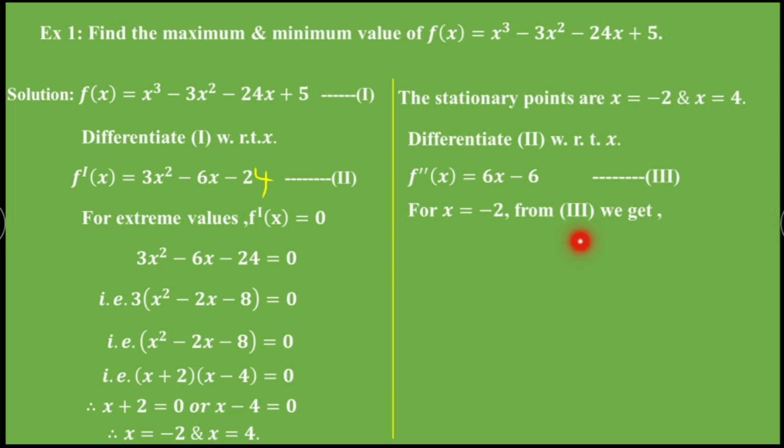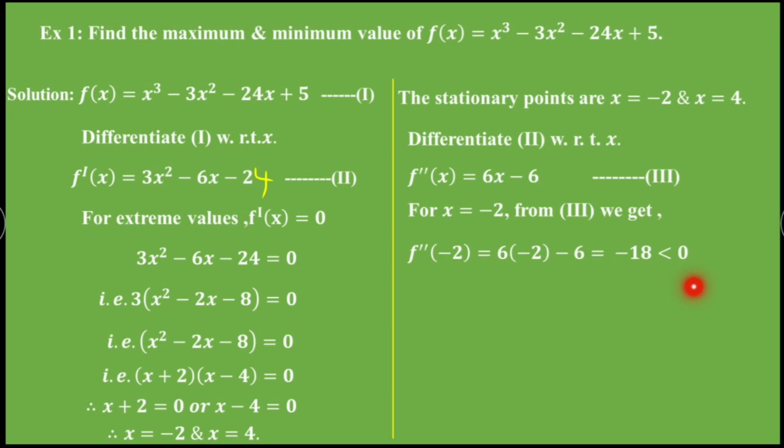From equation 3, substitute x as minus 2. We write f double dash of minus 2 equals 6 into minus 2 minus 6. So minus 6 into 2 we get minus 12, minus 12 minus 6 we write minus 18, and minus 18 is less than 0. That means f double dash of minus 2 is less than 0.